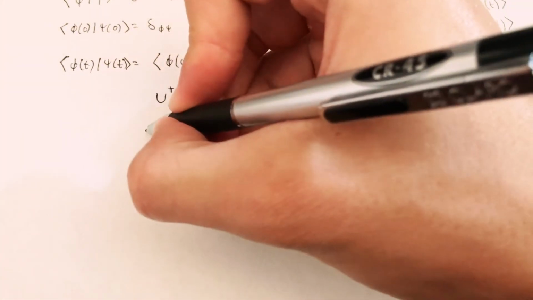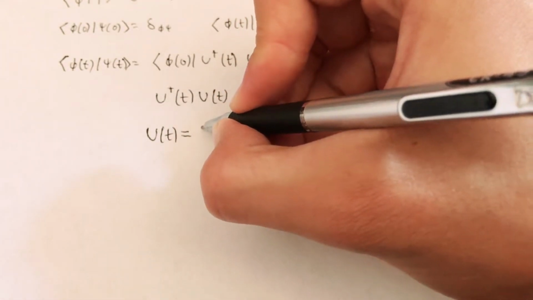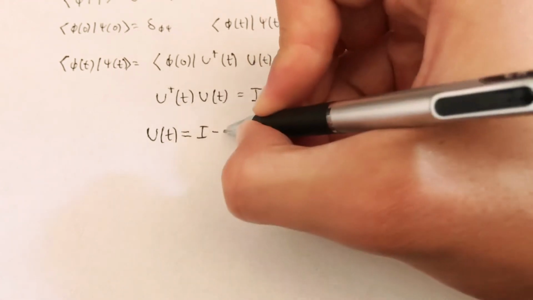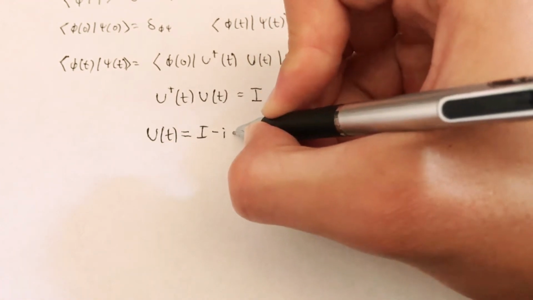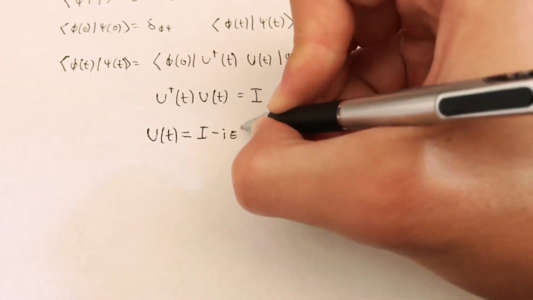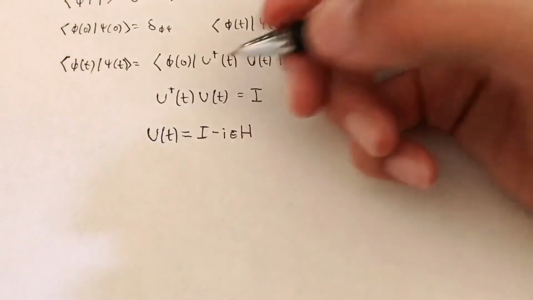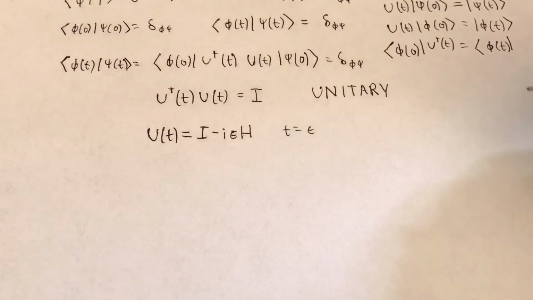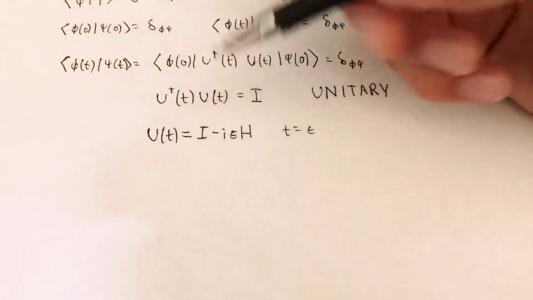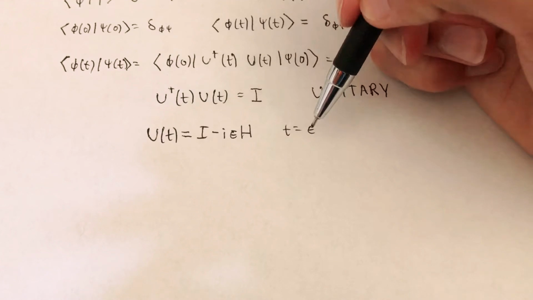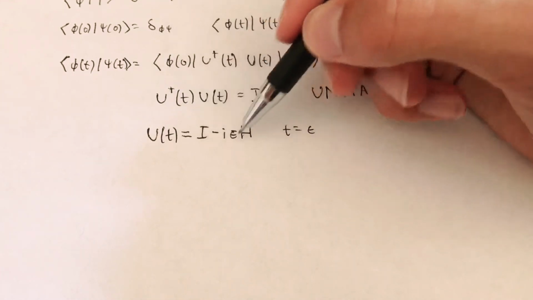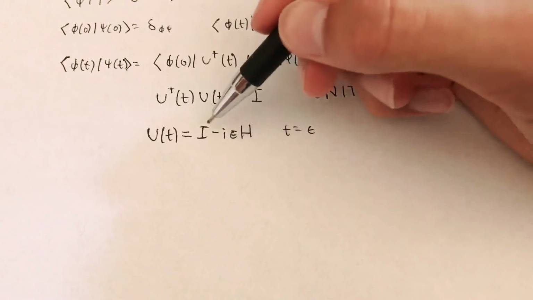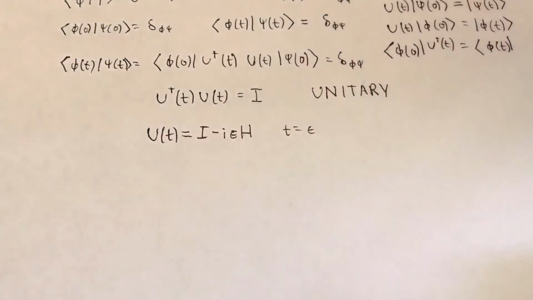In which case, we can write the unitary time evolution operator as I minus i epsilon H, where t is epsilon, a very short time after time 0. What this means is, after a very short time of evolution, the system will only change by a small amount from its initial state, which is given by the unit operator.